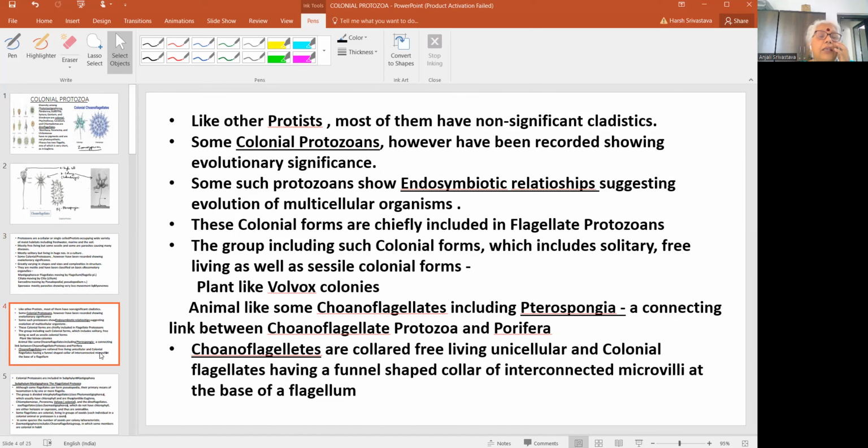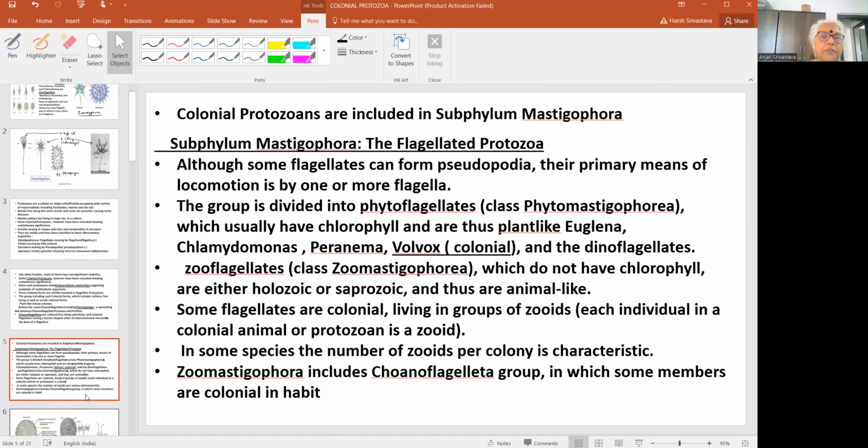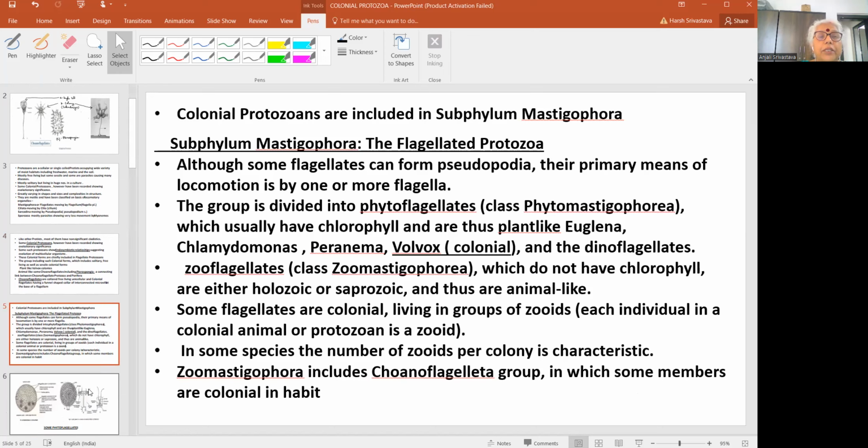In the Flagellata group it has been seen that all the colonial protozoans observed belong to the Flagellata group. That is, their locomotory organ is the flagellum, which may be single. Mostly it is single, but in some forms it is two in number, and those flagellates are kept under the subclass of the class Mastigophora as dinoflagellates.